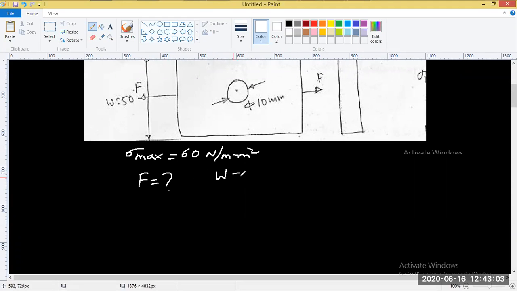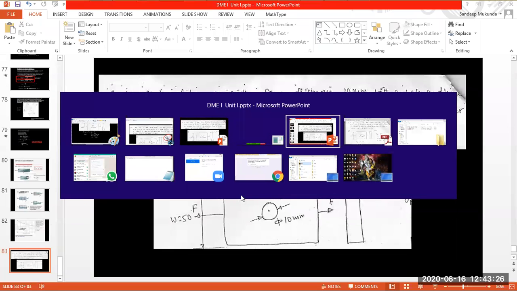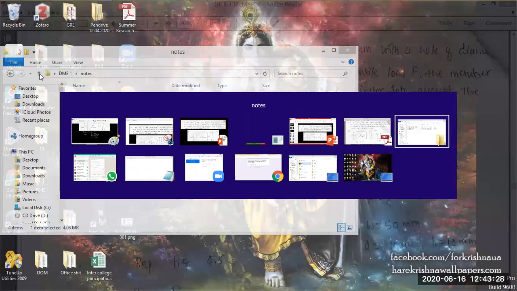Width is given as 50 mm, diameter of hole 10 mm, and height is also 10 mm. Height is nothing but thickness. If you want to know what is W, what is D, what is H, you can head on to the data handbook. I'll show you the data handbook.